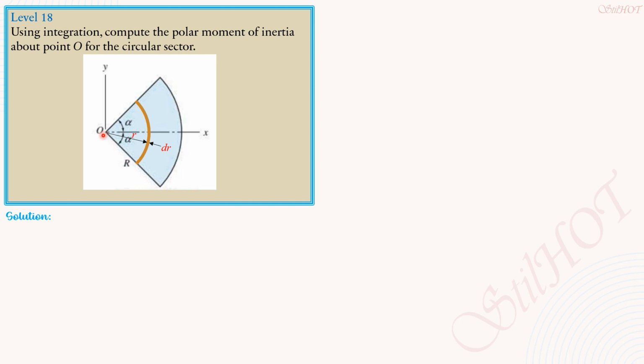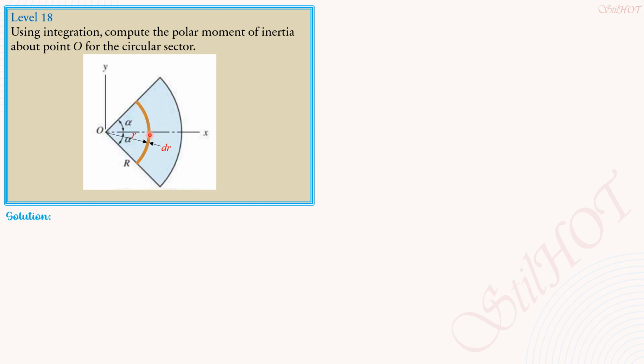So that JO or IO or IZ is equal to differential IO, differential IZ, which is equal to distance squared, r squared, times differential area.